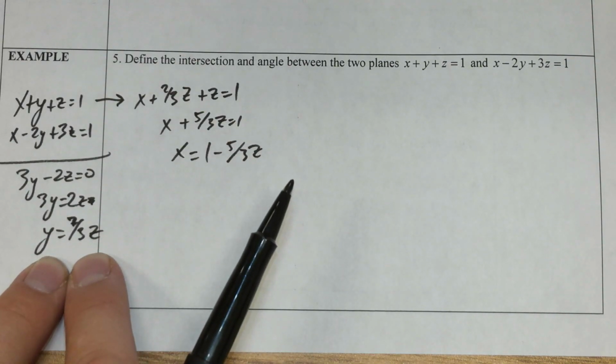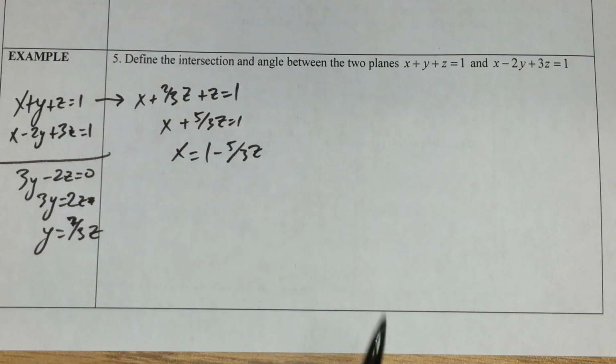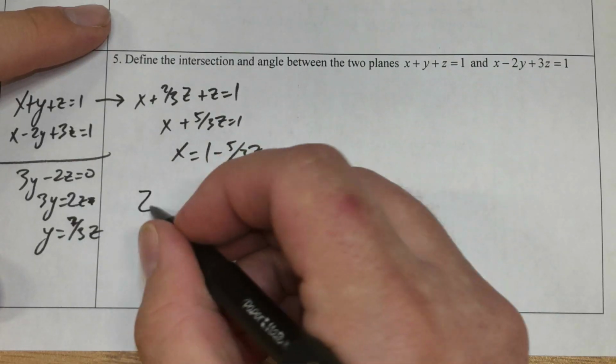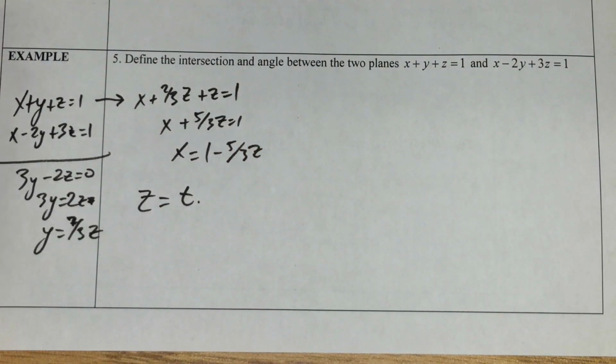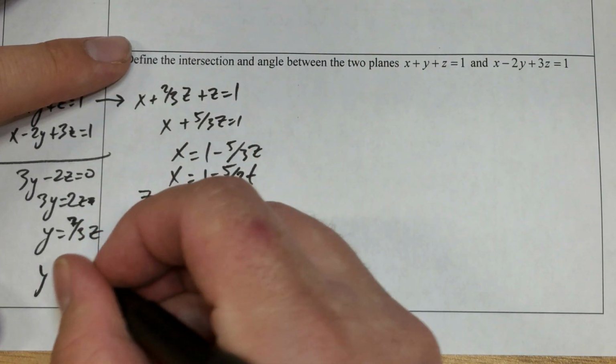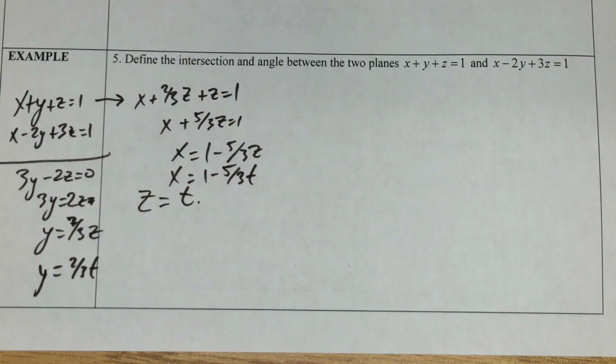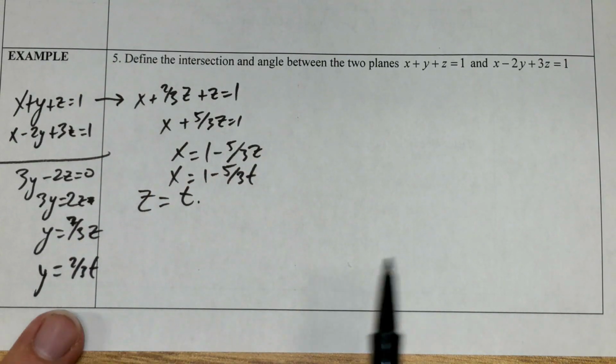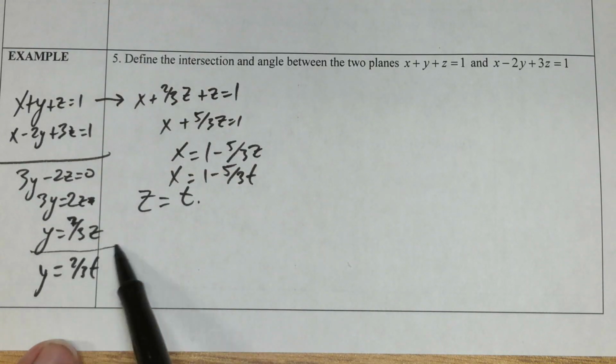Well, here, it's dependent on z, so I'm going to choose that z is t. Because then x is 1 minus 5/3 t, y is 2/3 t, and all of a sudden I have an equation of a line. Can you see it?